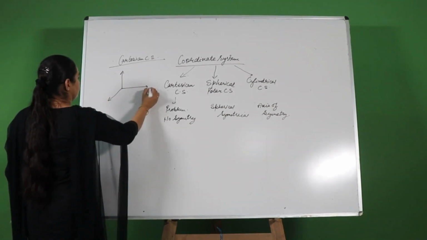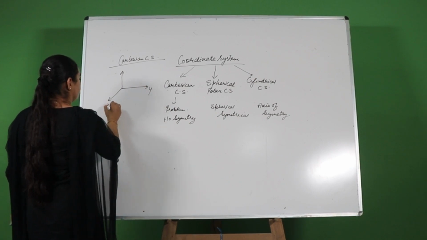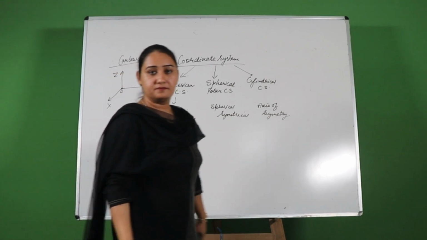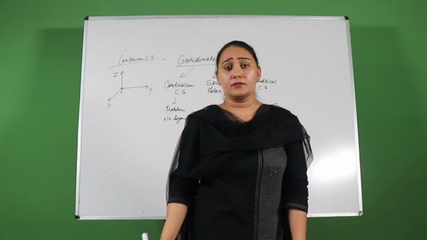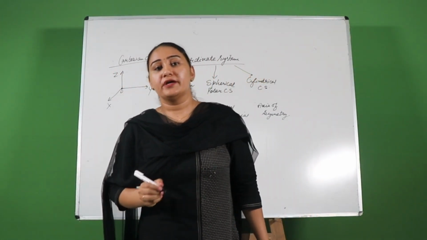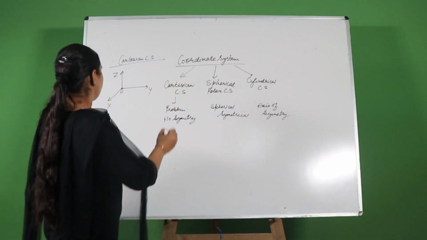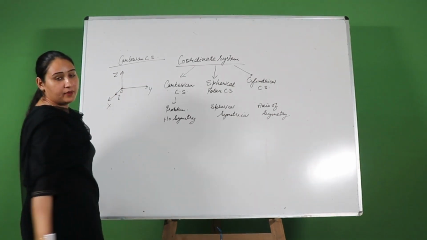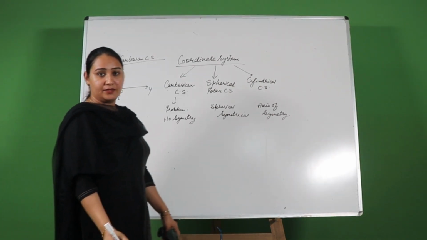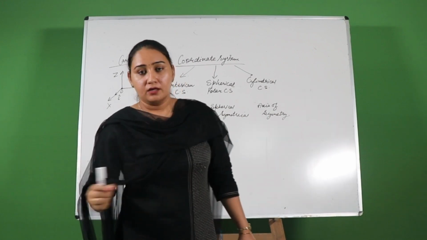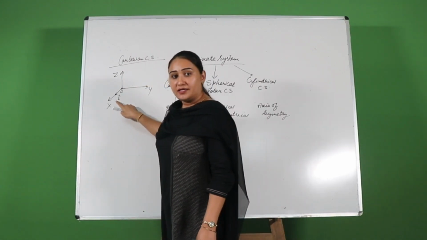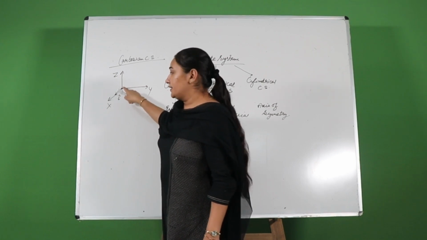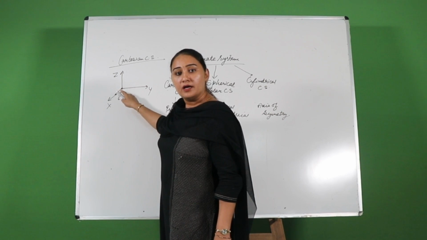Like this. If I say this is my y, this is my x, this is z and this is my origin. Now all of you know about the unit vectors. If I say my unit vector along the x-axis is i cap, what does it mean? It means that the vector along the x-axis has magnitude 1 because it is called a unit vector, and it has direction towards the x-axis.